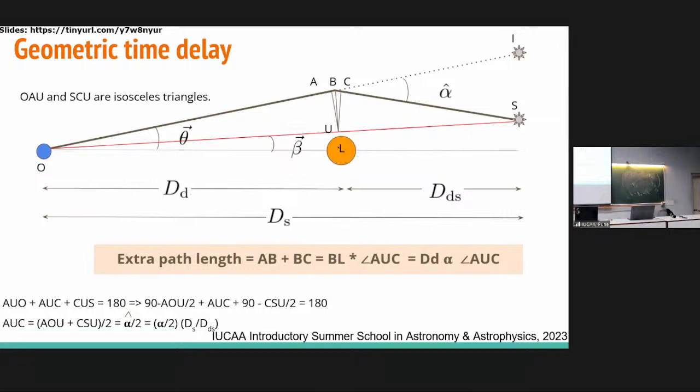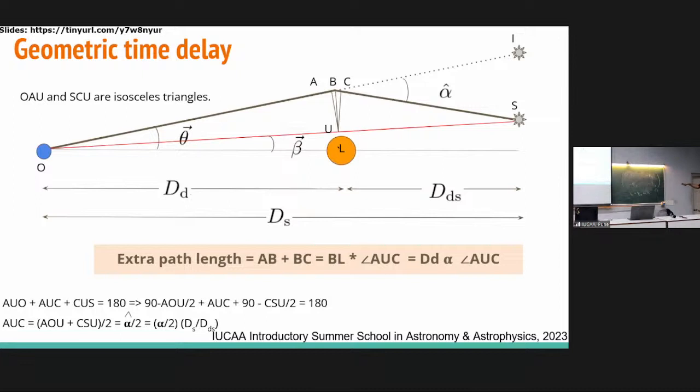So these are just plain simple geometry things that you can use in order to write down what this extra path length is. So it looks like dd times alpha times this alpha by 2. And this alpha was the normal deflection angle, so you can write it down in terms of the scaled deflection angle, which is this alpha. And so you have to add these distance factors, ds by ds.